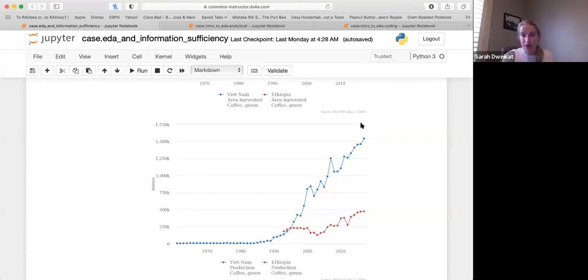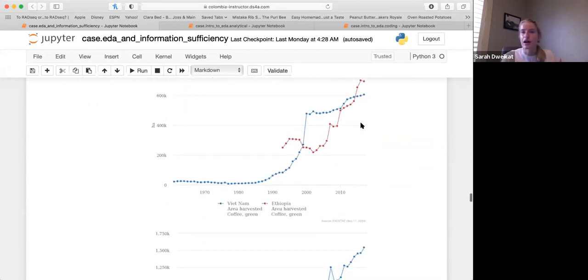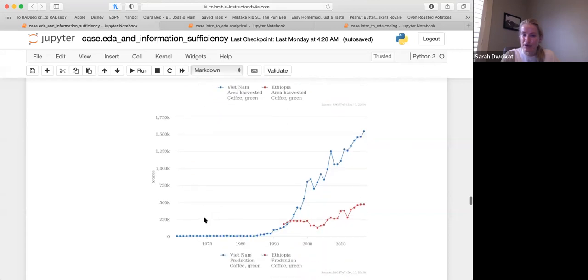Vietnam made that jump, and they increased the amount of land that they used. It is accurate to say that maybe they aren't the best comparison to Ethiopia, because here they really had not that much land and were producing not that much coffee.